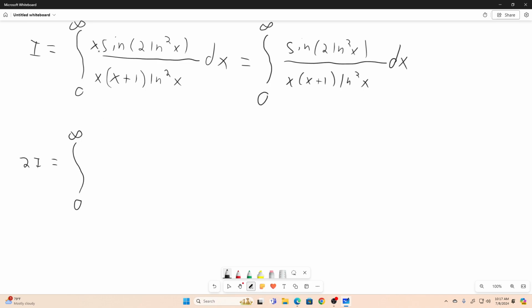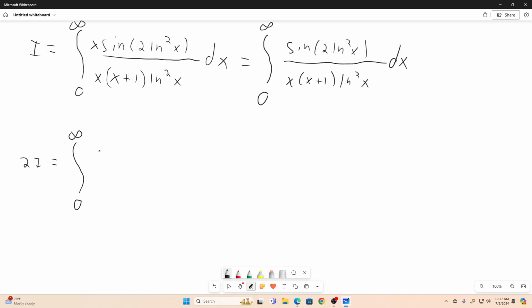And then we just add the numerators together and put them over the denominator. We have a factor of x in front of our sine of 2 natural log squared x, and in this version we have a factor of 1.